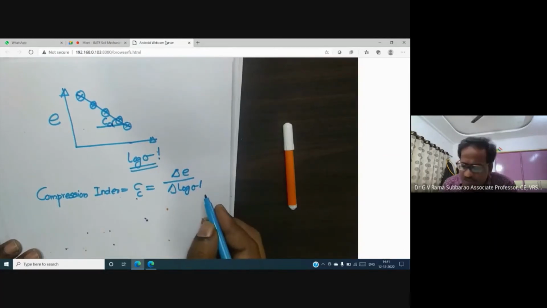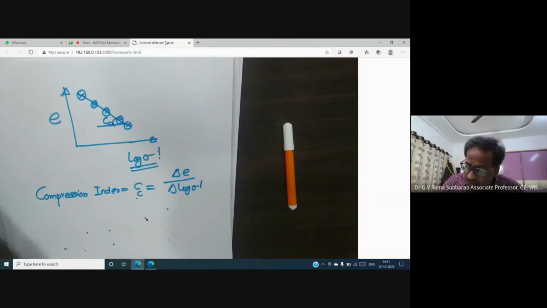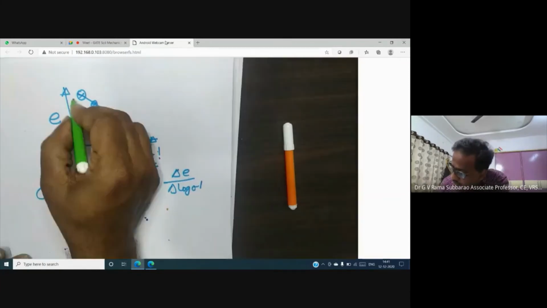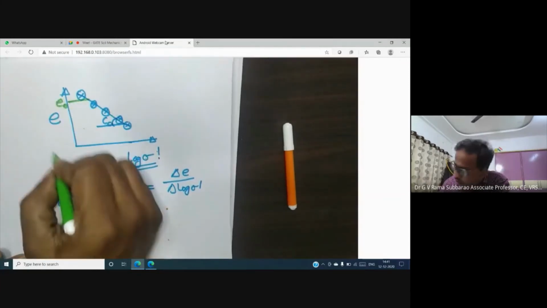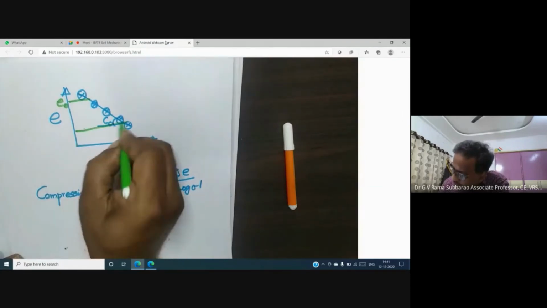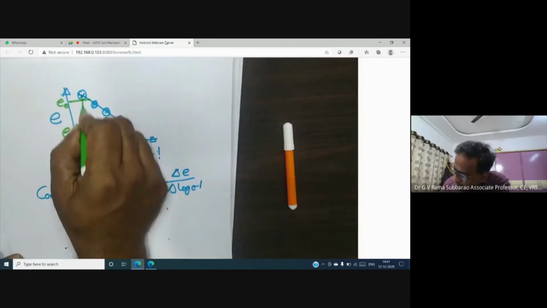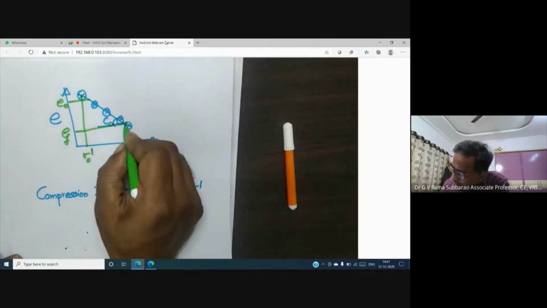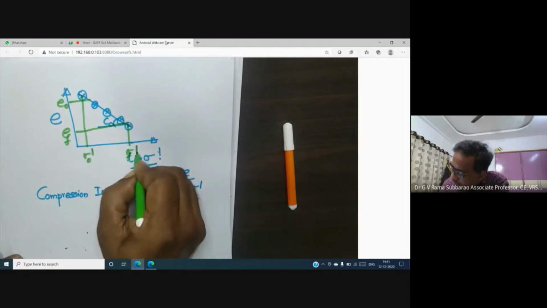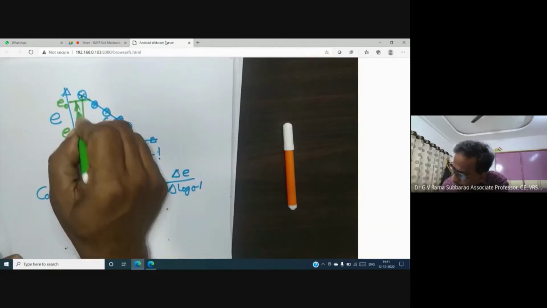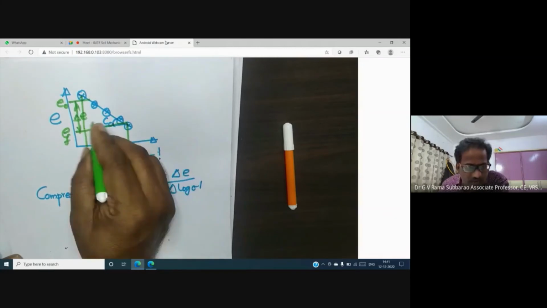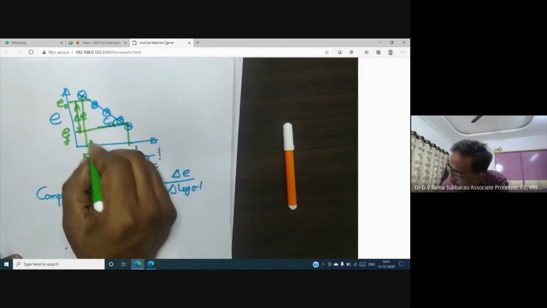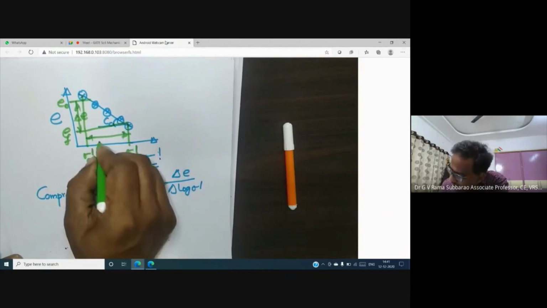If you understand the situation, I have initial void ratio e naught, final void ratio ef, initial stress sigma naught dash, and final stress sigma f dash. The decrease in void ratio is delta e. The increase in stress is delta log sigma dash.